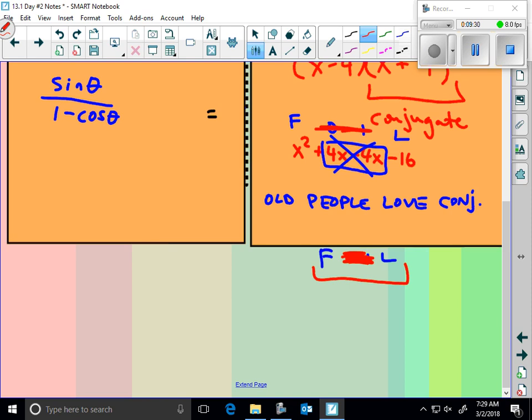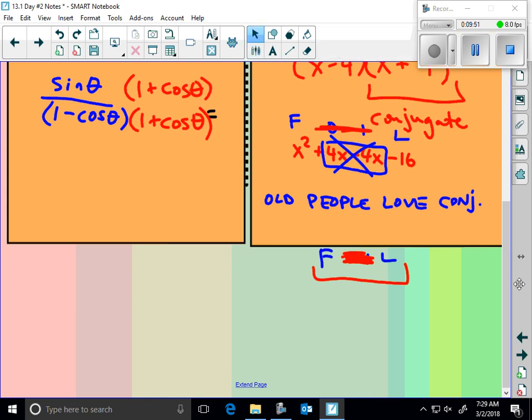So what would be the conjugate of 1 minus cosine theta? Okay, so let's check it out. Well, it'd be 1 plus cosine theta. So I don't have to FOIL. I just have to Florida. What does Florida mean?